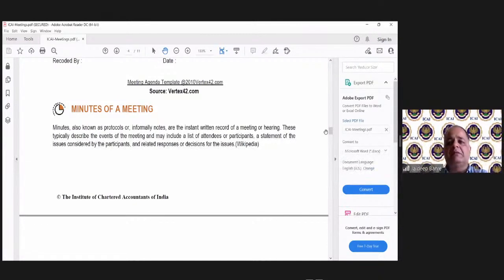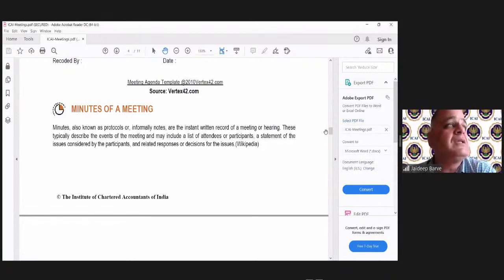If you visualize it, it will state what time it was, where it was held, for how much time, who all were present, who were absent, who presented their points, who were the speakers, who were the attendees, what matters were discussed, were there any disagreements, were there any points agreed upon, who is going to take responsibility, what action is going to be taken, and in what time the item is going to be resolved.